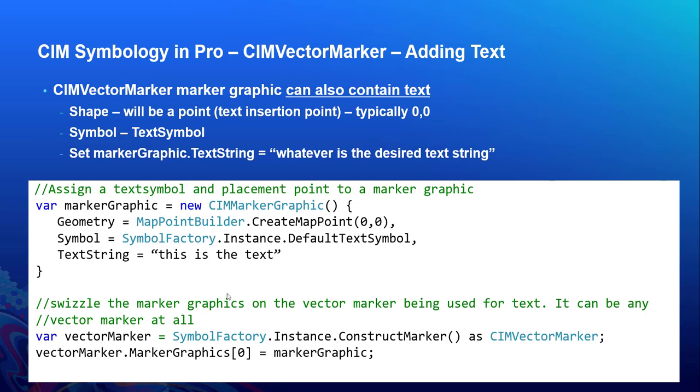I need a vector marker. It doesn't matter what vector marker. I'm just teeing up whatever is the default vector marker. And then I'm swapping out its marker graphics, with its polygon shape and polygon symbol, with my marker graphic with the point geometry and text symbol. And so that's how I do it there.